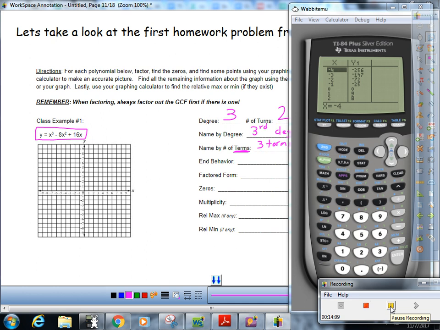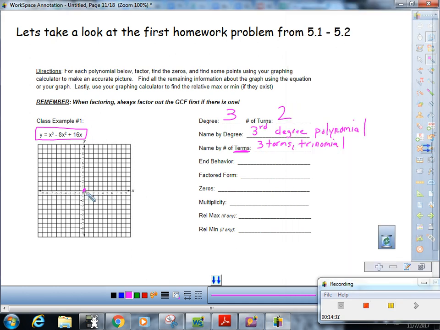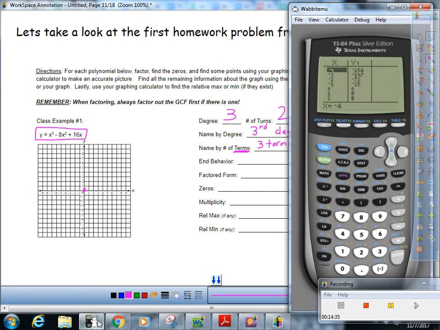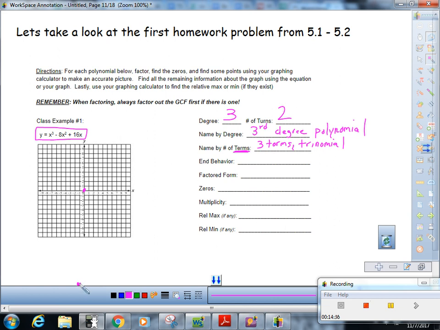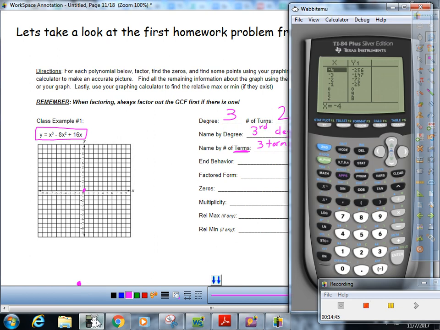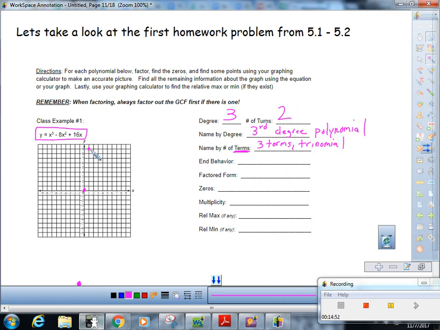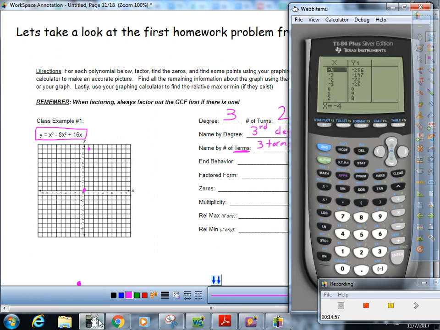So we'll say that (0, 0) is on there. And we know that (-1, -25) is on there, so it's just way down there. So I'll just put it down there. Sorry that I have to keep toggling. We know that (1, 9) is on there, and (2, 8) is on there.